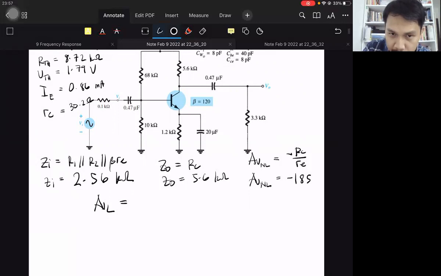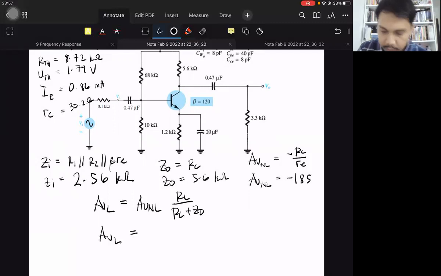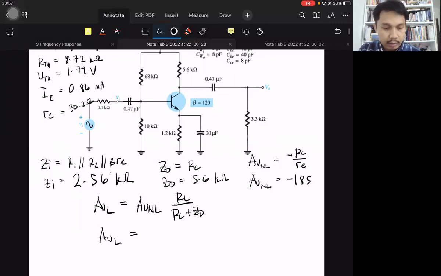So this is equal to AVNL times RL over RL plus RO. So AVNL 285 times RL, 3.3K over 3.3K plus 5.6K. Negative 68.6.